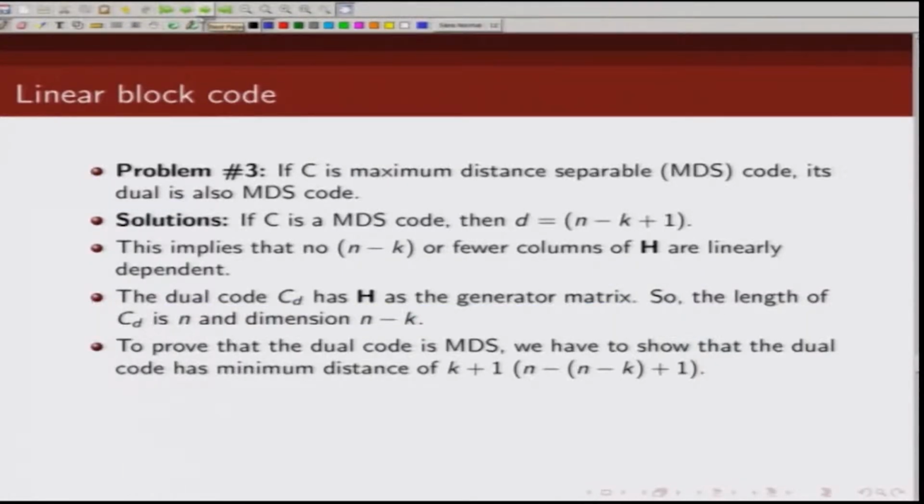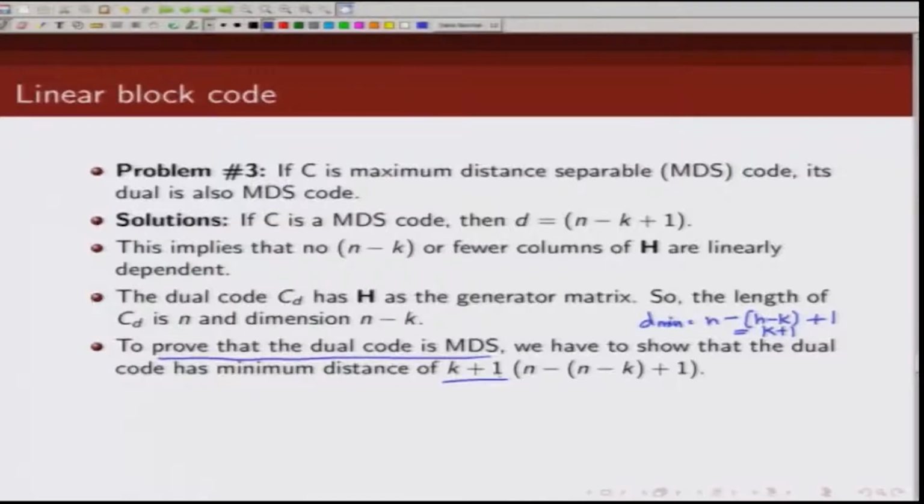That is what we are going to show now. To prove that the dual code is maximum distance separable, the dual code also has to satisfy the Singleton bound, and according to the Singleton bound, the minimum distance should be n minus the dimension of the code plus 1, which comes out to be k plus 1. So, we will have to show that the minimum distance of the dual of this code is k plus 1.